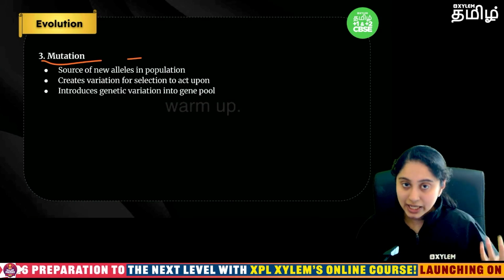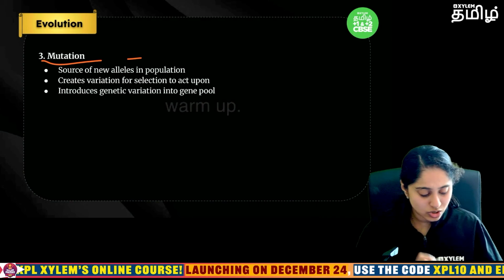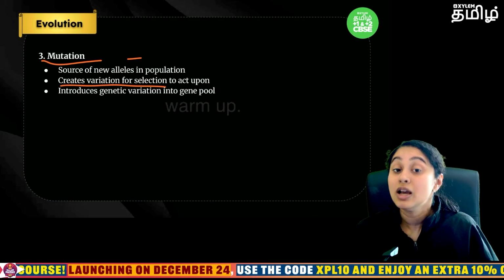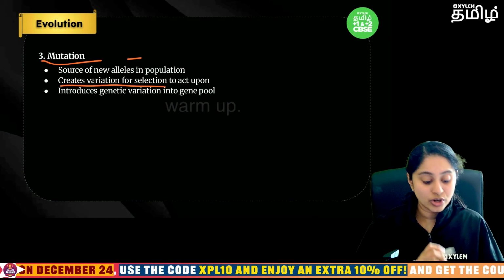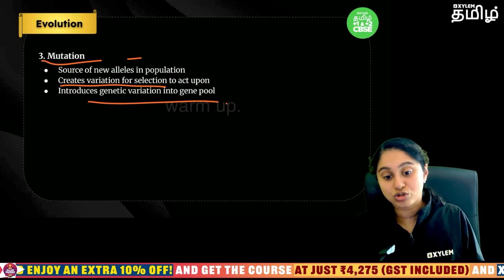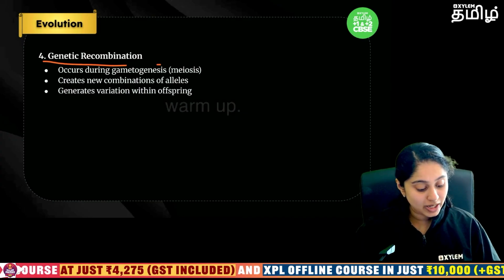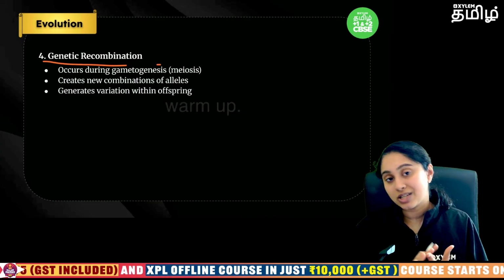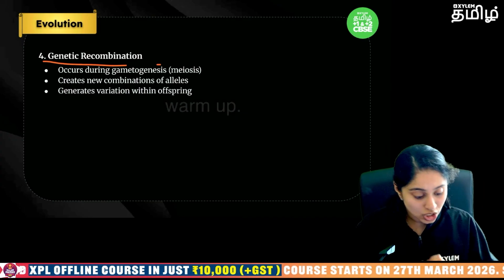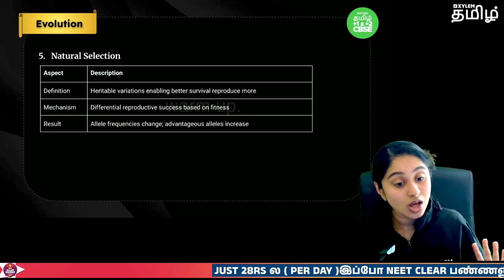Mutation: normally all kinds of alleles go through a standard gradual mutation. Suddenly some variations may be created, and this can introduce a new feature or new trait into the gene pool, because of which evolution can take place. Then genetic recombination is when, during sexual reproduction in the meiosis stage, new combinations happen, creating new variations in the offspring.